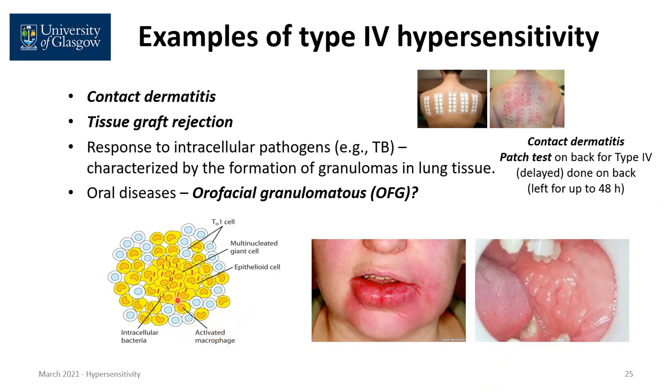In this disease specifically, you'll get formation of the granuloma within the tissue. We don't know exactly the mechanisms behind this disease, but there is some suggestion that it's a hypersensitivity reaction to some allergen within certain patients.